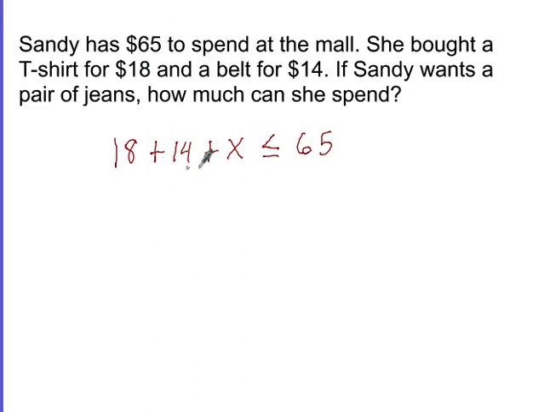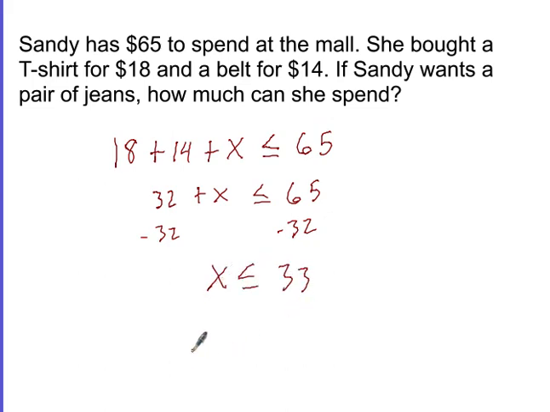So whatever this number adds up to has to be less than or equal to 65. 18 plus 14 is 32, right? Plus x is less than or equal to 65. Subtract 32. So she can spend up to $33.